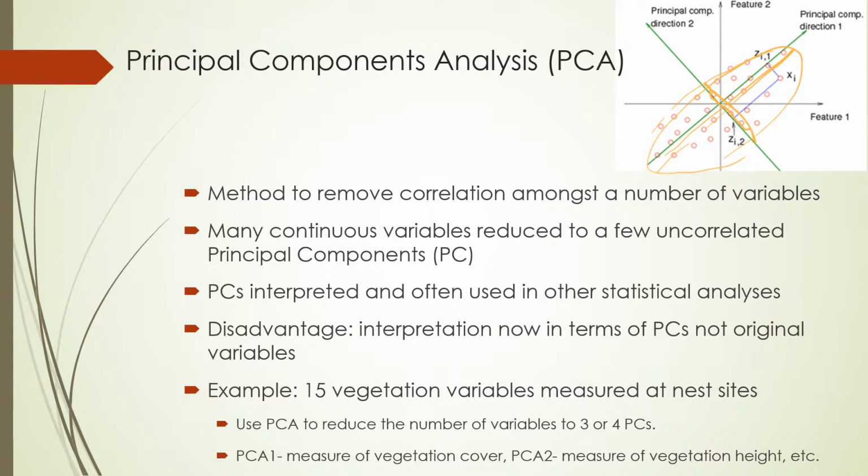The second PCA, like I said, may be more associated with measures of vegetation height for different vegetation types and so on. So again, you can start to interpret what these PCA factors might be, and then you can ask, how do the different species differ in where they place their nests relative to PCA1, PCA2, and so on. And that way get an idea of what are the multivariate factors that differ among these different species.